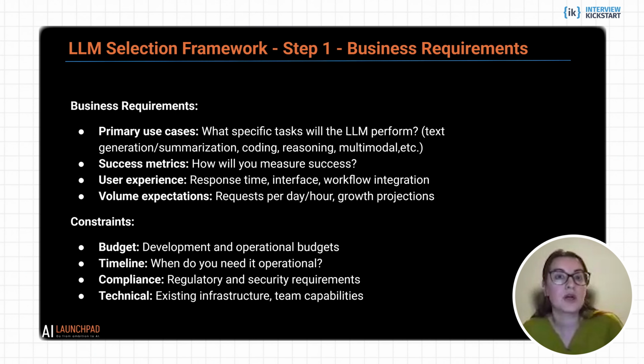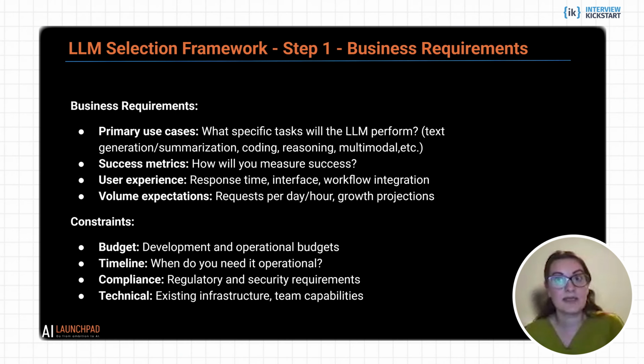We also want to understand what the user experience is going to look like, especially if it's going to be a real-time model where someone is going to be interacting with it in real time. What does the best response time look like for you? How about the UI? What does the inference look like? Does it need to integrate with other systems in your organization?